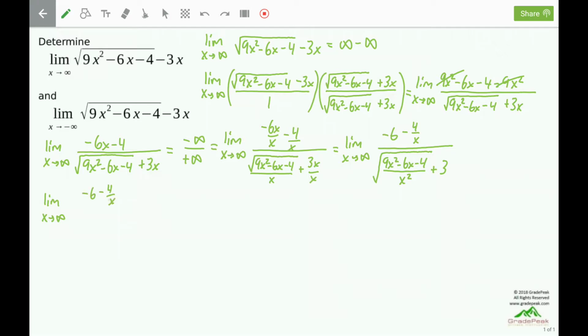Leaving the numerator alone, in the denominator, each term under the root can be put over the x squared.